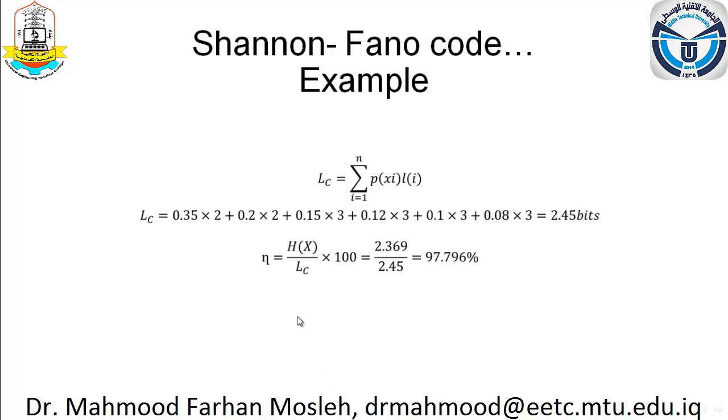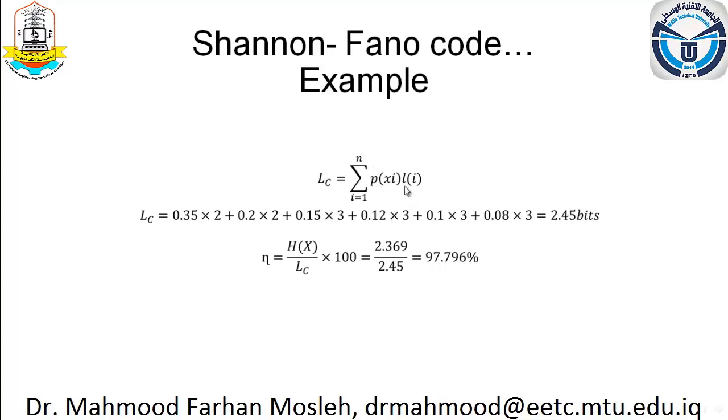Now we can calculate the average length according to this equation, which means that each probability must be multiplied by its length, as we see in the table.